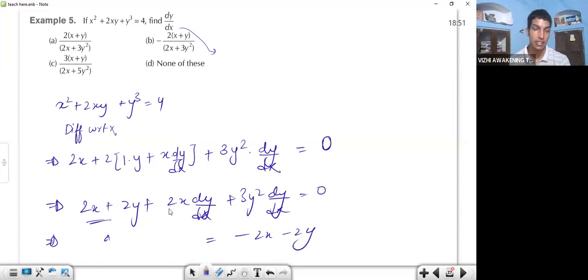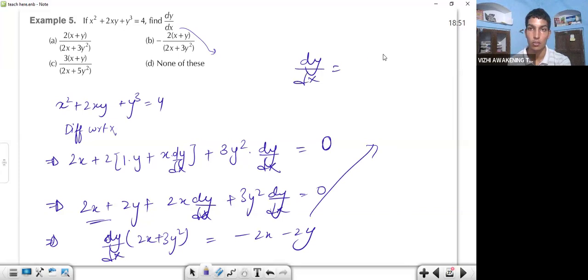The other terms are directly attached to dy by dx, so let's take dy by dx common, 2x plus 3y square. Further solving it, dy by dx is equal to 2. Let's take minus 2 as common, minus 2 plus x plus y in the denominator.